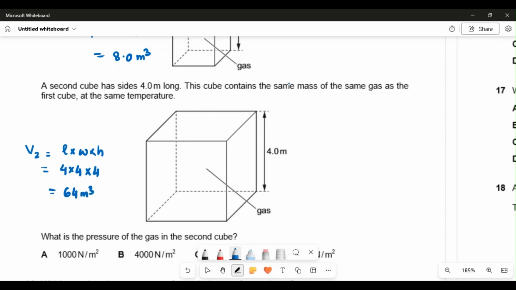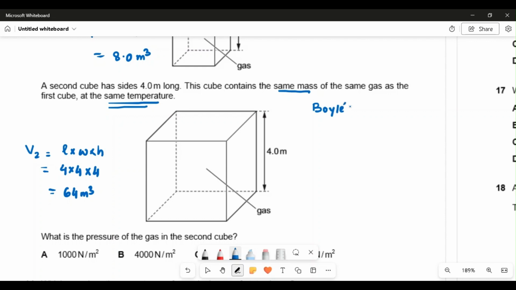Now it contains the same mass of gas as the first cube at the same temperature. The relation of the pressure and volume of the gas at the same temperature is explained by Boyle's law.